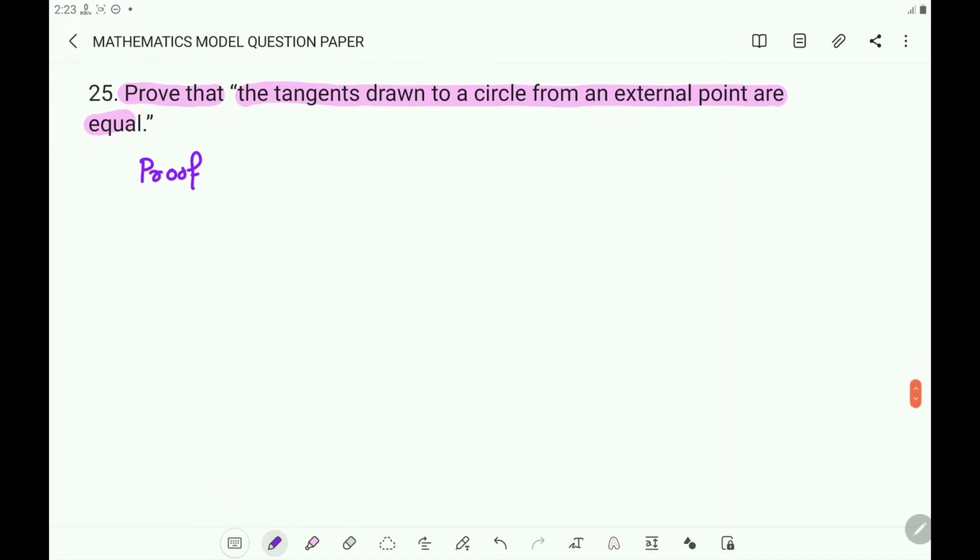To prove this theorem, a sketch is required. So you draw a sketch. Here you take a circle with center O, and P is the external point.